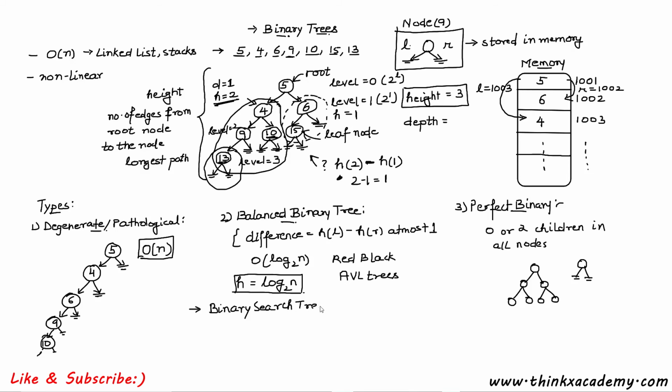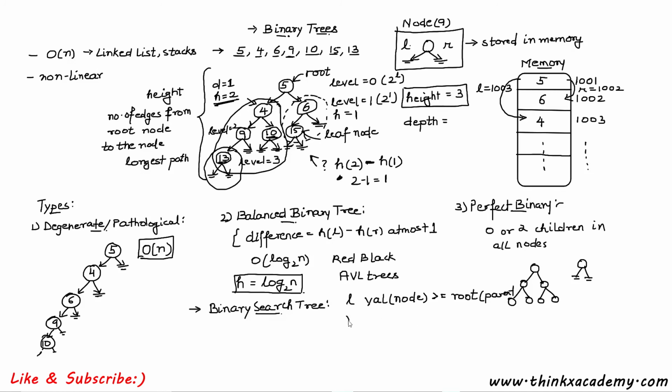A binary search tree is optimized for the searching operation. So if we want to search a particular element, we are going to make sure that in the left part of the tree, the value of the node should be greater than or equal to the root node, or we can say the parent node.